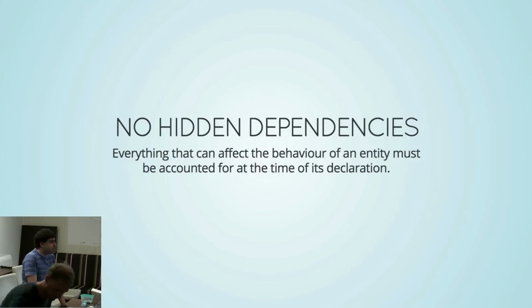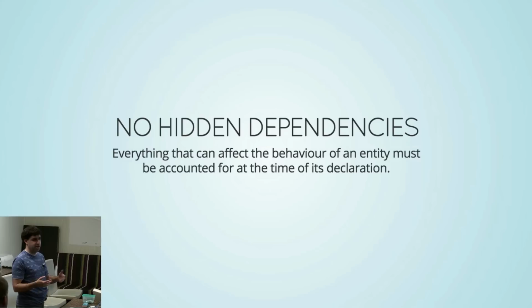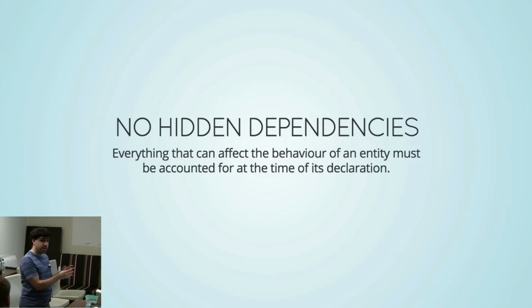And an interesting thing about functional programming is that you have to basically write everything that affects the outcome of an expression or the final value of an expression in the definition of that expression. And functional reactive programming inherits this, taking it to the next level. That is, if you have a piece of program, you will actually have to mention every dependency it has in a very rigorous way.